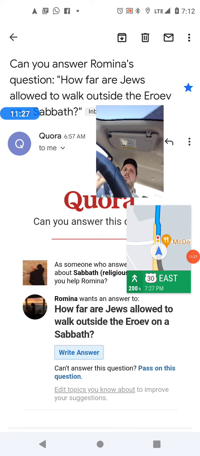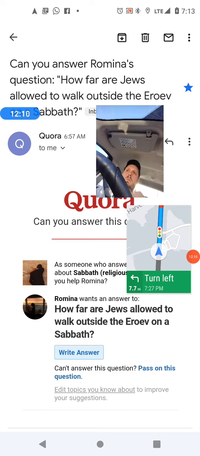So that means there's a total of 4,000 cubits that one could travel outside of the city. Or, no, it's 2,000 by 2,000.